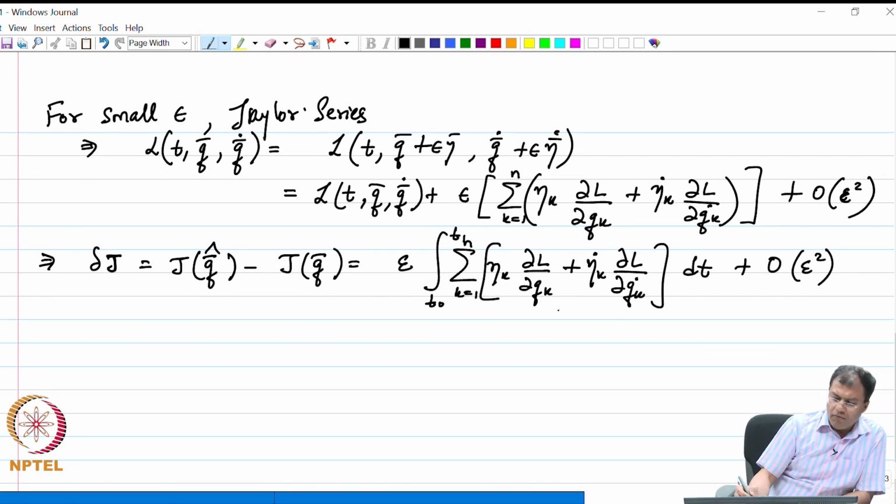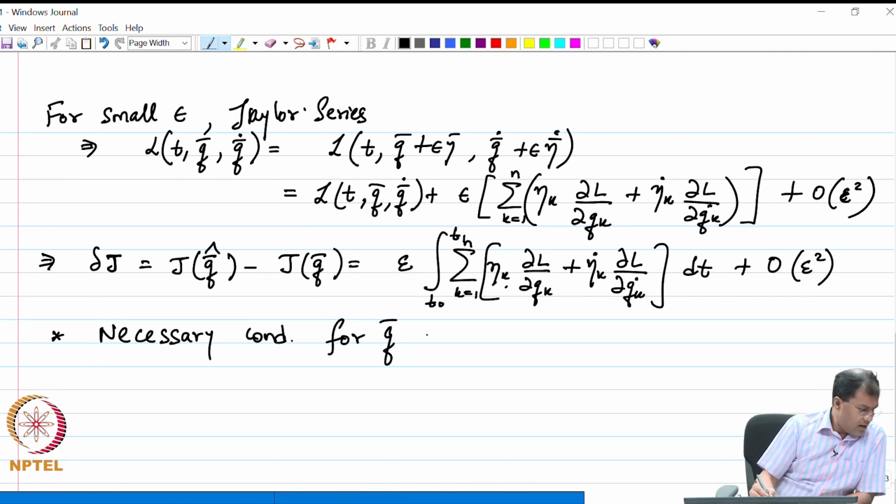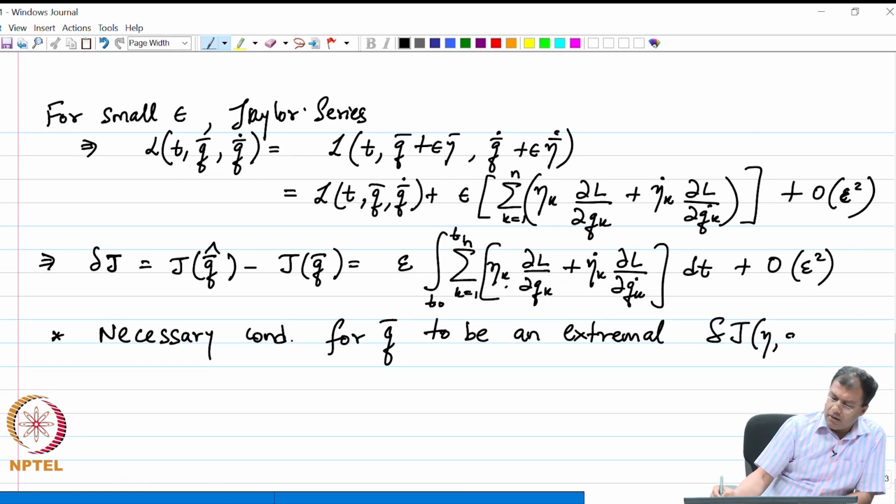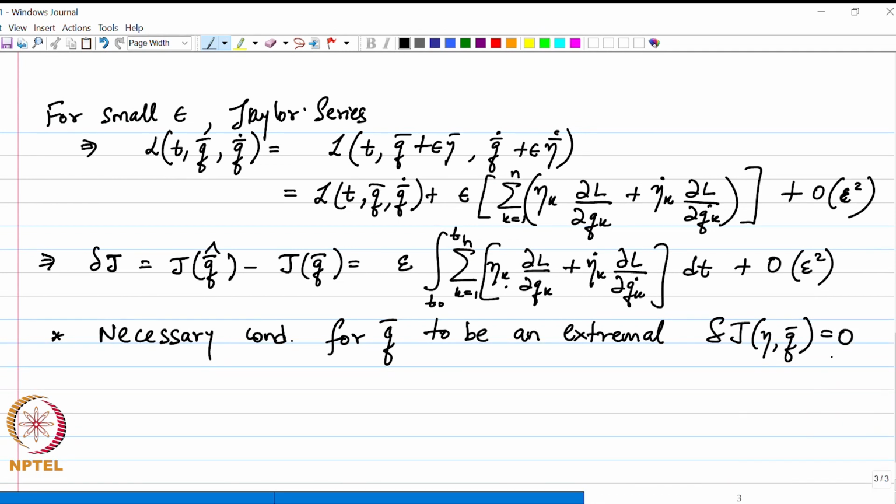So, well, but before that we have to understand that each of these eta k's represent the component of the perturbation vector function. So, well, of course, we must say that the necessary condition for q bar to be an extremal is that we must have delta j of eta comma q bar is equal to 0, right.